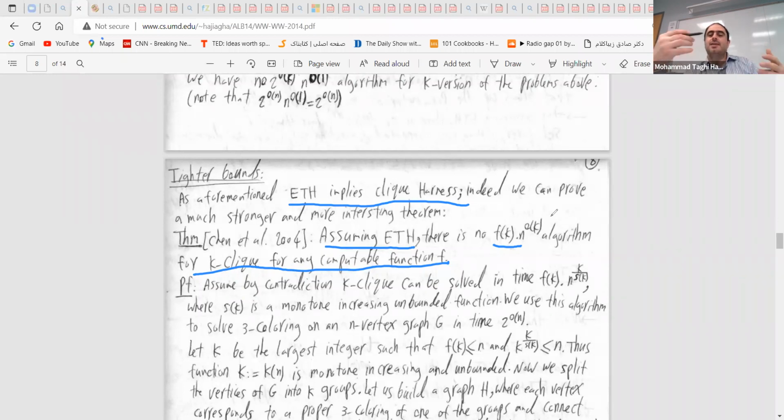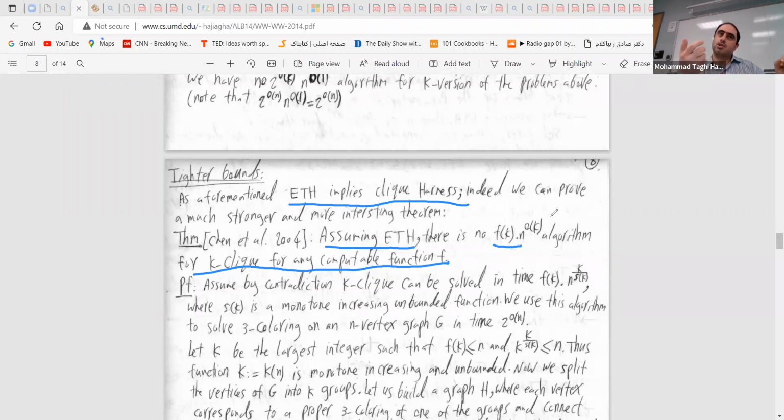That's indeed something stronger that we have for these problems, and we will talk more about this next time. So that's essentially the hardness we have shown for all of these problems.